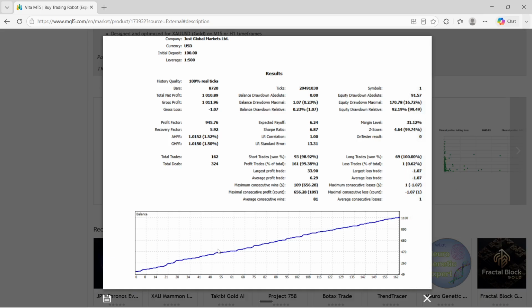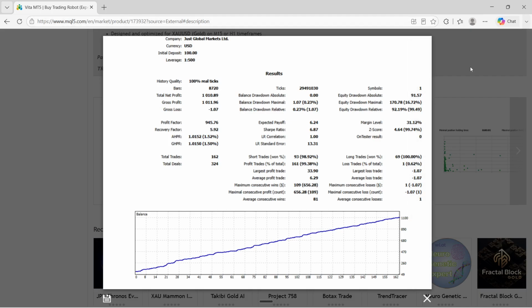It just trends upwards, almost in like a straight 45-degree angle line, barring the little drawdowns here and there. Overall, it looks very contained. You can see the balance drawdown was just 0.23%. And the total net profits on an initial deposit of $100 was $1,010. The profit factor was 945.